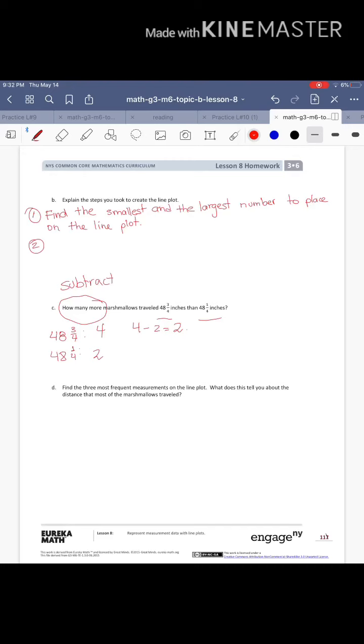So what will be my full answer here if they're asking how many more marshmallows travel 48 and 3/4 inches than 48 and 1/4 inch?